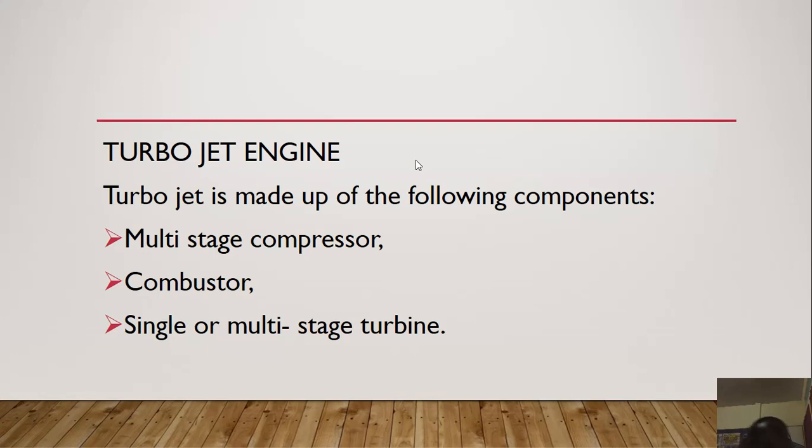Turbojet engine. What's a turbojet? The core part of a turbojet is made up of the following components: a multi-stage compressor, a combustor, and a single or multi-stage turbine. Those are the main components of a turbojet.